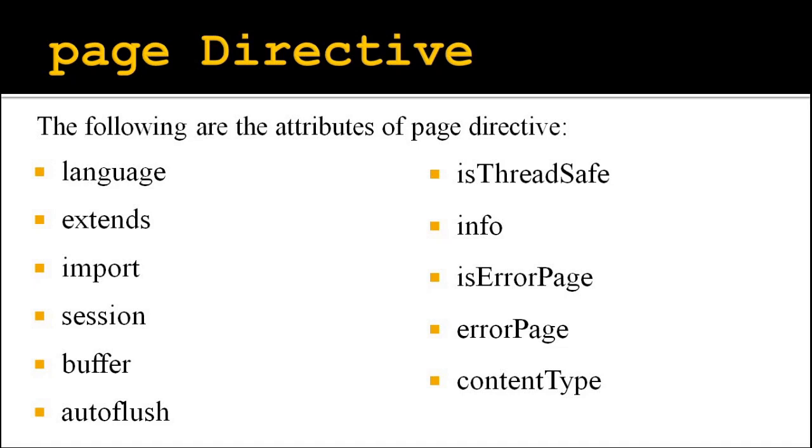The third attribute is import. Here we import different kinds of packages that we need to implement our JSP page, so a comma separated list of packages is assigned to the import attribute.